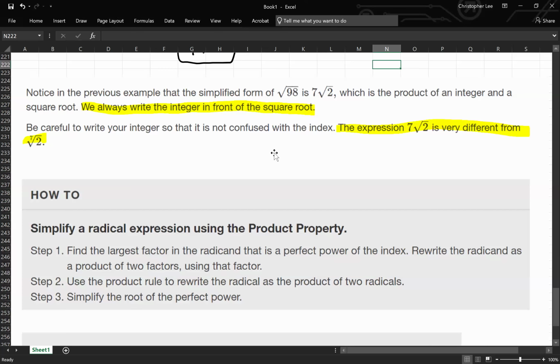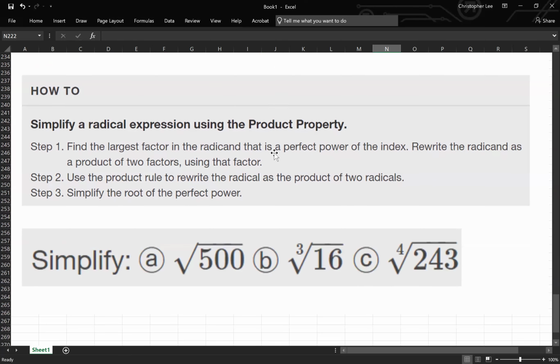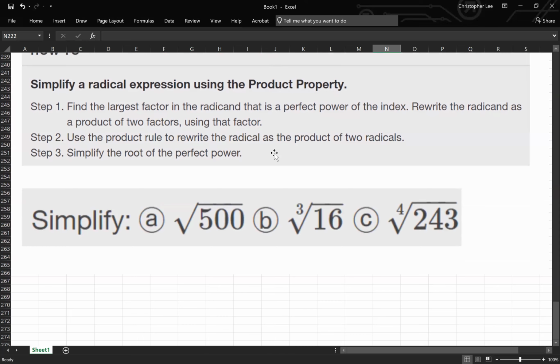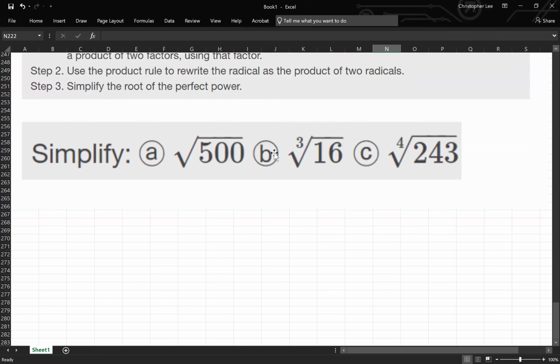Step 2, use the product rule to rewrite the radical as the product of two radicals. Step 3, simplify the roots of the perfect power. And that's it. Let's try this out again.